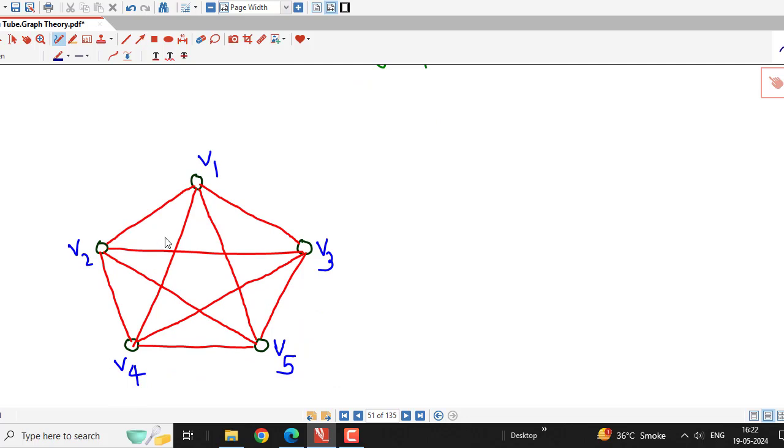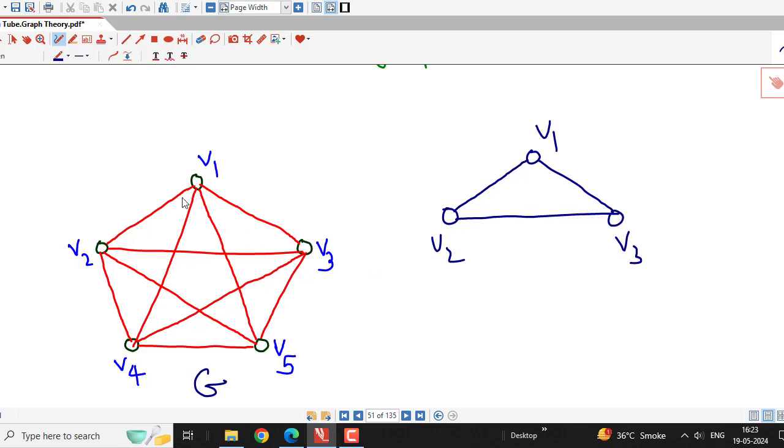For example, suppose we have this graph G and suppose we want to construct subgraphs, then we can see here we have all these 5 vertices. Suppose I consider 3 vertices. I am taking V1, V2 and V3 from this, and I am considering these 3 edges. I am taking this edge and this edge, and I am taking these 3 vertices.